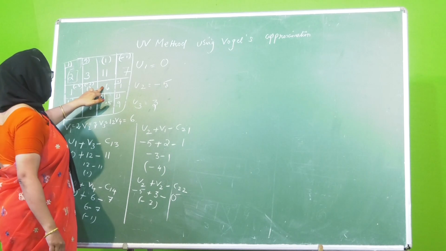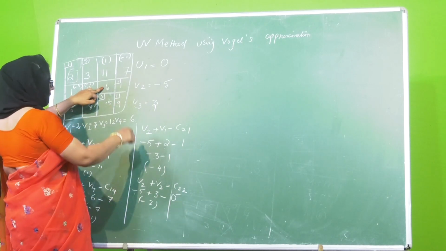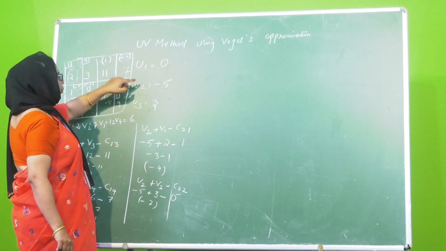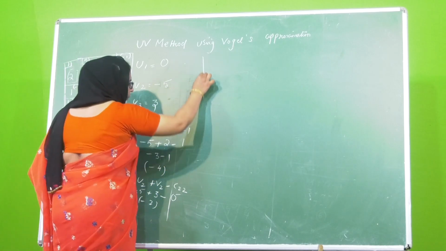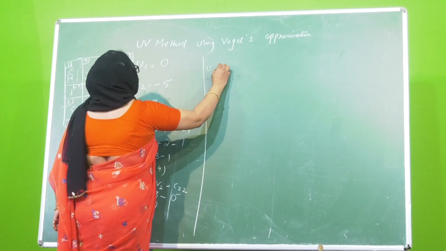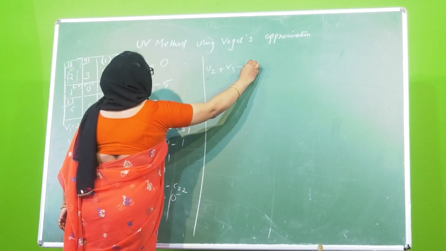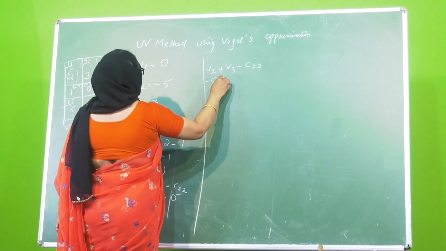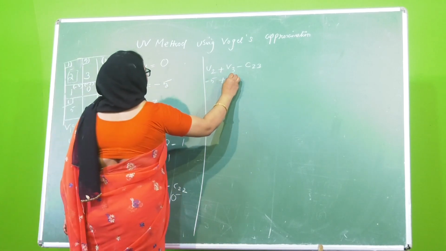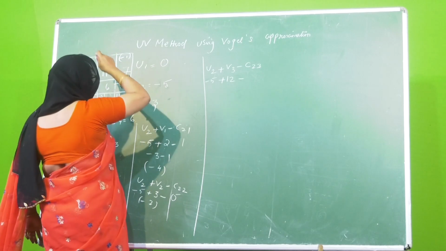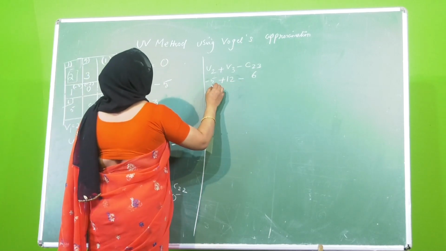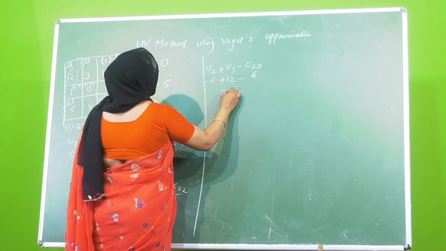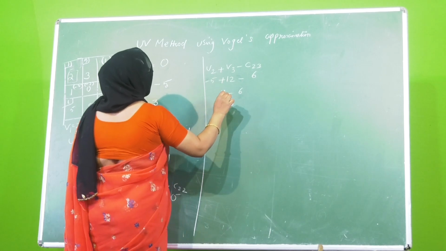Likewise, for the element 6, that is the place for U2 and V3: U2 plus V3 minus C23. U2 is minus 5, V3 is 12, minus C23 which is 6. That is 7 minus 6, 1.